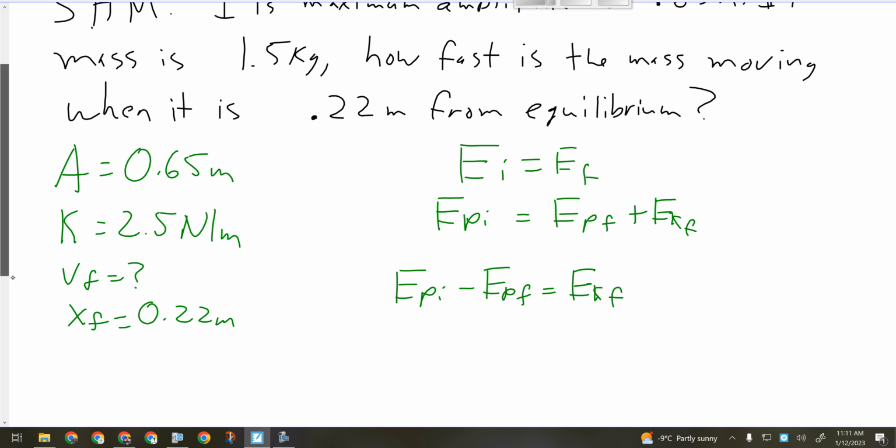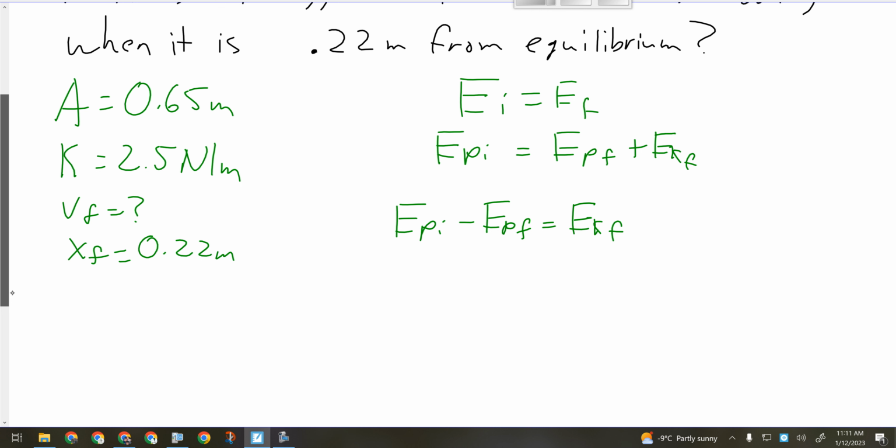At this point I'll put in the formulas, and I'll say 1/2 Ka squared, that'll be the initial, minus 1/2 Kxf squared equals 1/2 mvf squared.